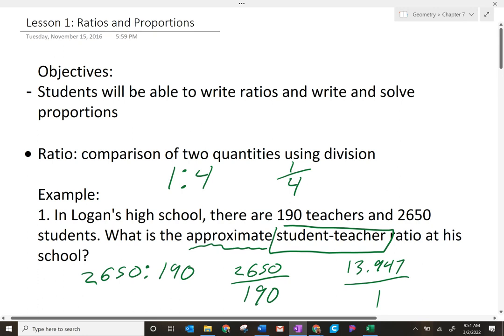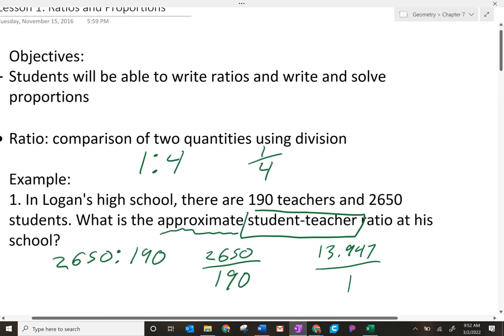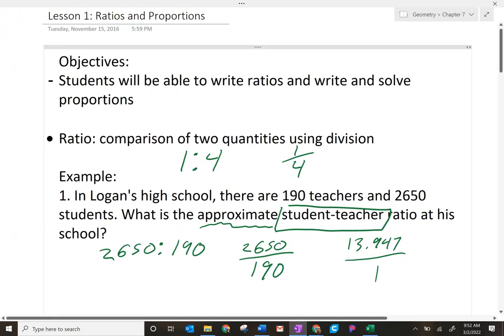However, it did say approximately. So instead of writing a decimal, because it wants to approximate how many students there are to teachers, Joshua, what do you divide again? I'm going to divide both of these by 190. I want my bottom number to be a 1, so I'm going to divide by 190. So 13.947 is really, really close to 14.